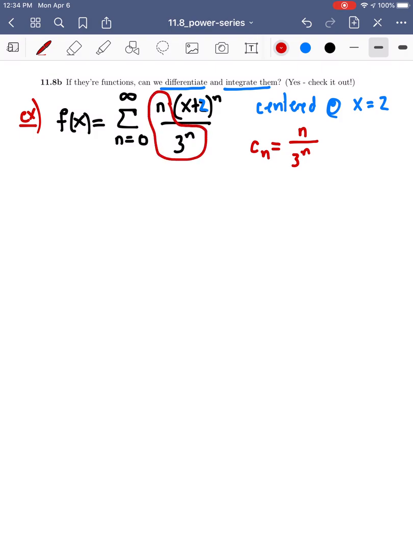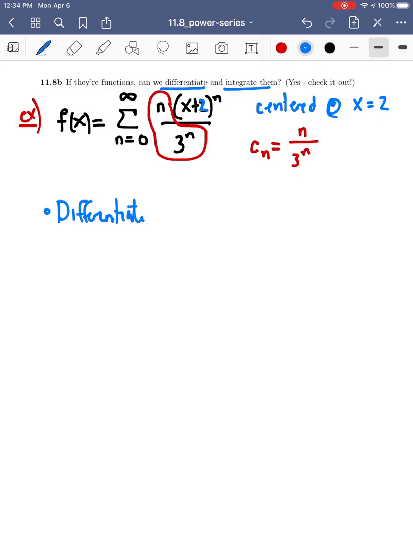And the reason why I'm pointing this out here is when we think about differentiating and integrating power series, we're going to differentiate and integrate with respect to our independent variable, which is that x. So let's go ahead and just think about what it would mean to differentiate this power series.